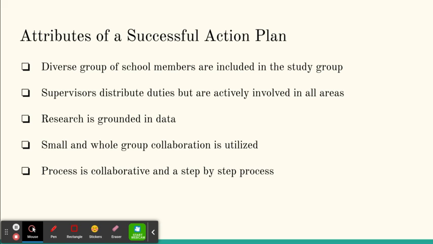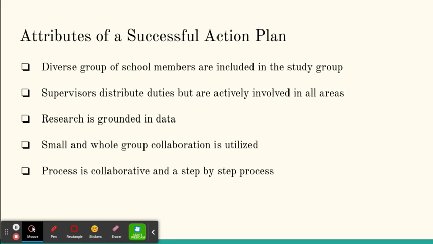The supervisors distribute duties but are actively involved. So as supervisors, we will be distributing what's happening, but we need to be involved in all of them. I think we can all relate to when administrators aren't actively engaged. So this is something we're going to want to do, is be actively engaged with each group, regardless of what's happening.